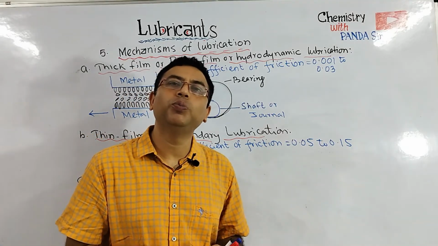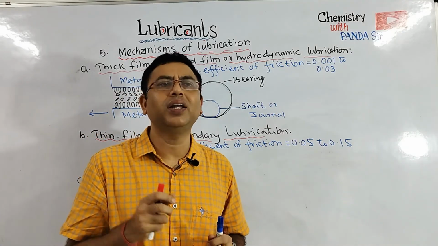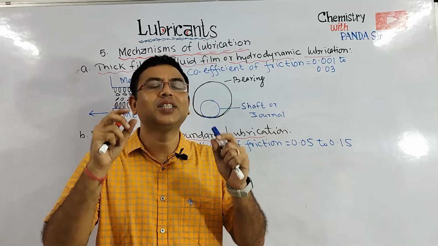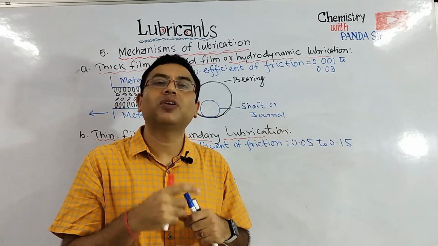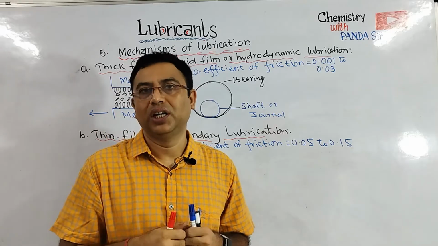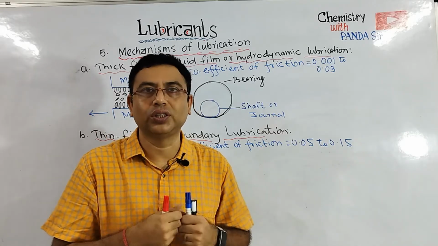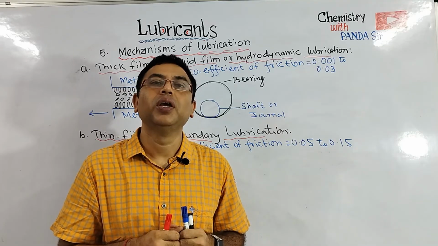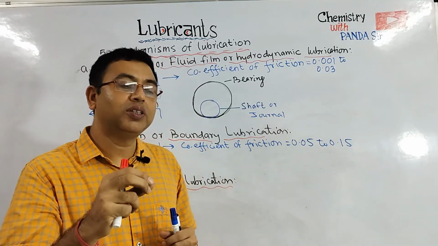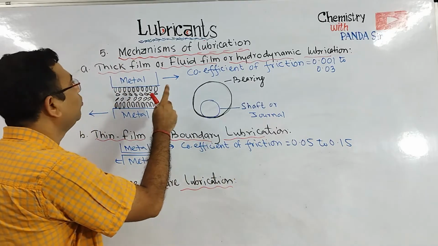Now, thick film lubrication mechanism is mostly used where the load is less and the speed is also less, like in the sewing machine and electronic instruments. We have the watches, where the two hands of the watch are also revolving around the center. All these are places where we can go for the thick film lubrication mechanism.